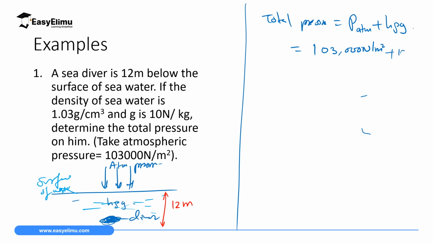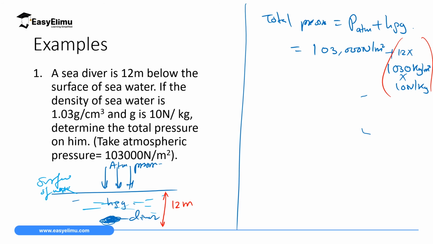H is 12, then density we have in grams per cubic centimeter. If we convert it to kg per cubic meter, it will be 1030 kg per cubic meter. Remember, you multiply by 1000, then times 10 newtons per kilogram. This one will give us H rho g.